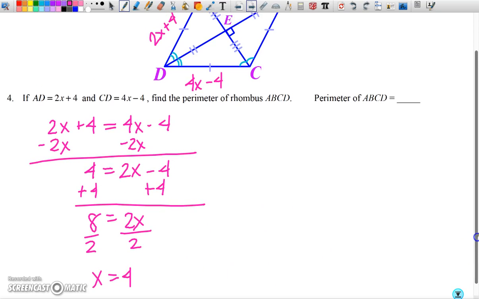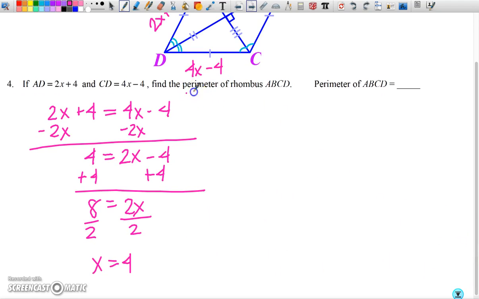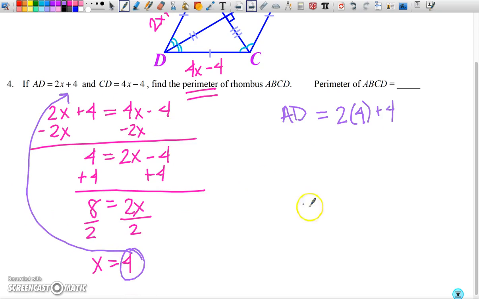Now, x is 4, however, we're looking for the perimeter of the rhombus. So we need all of the side measurements. So if we find one side measurement, we can get all of the side measurements. So 2 times 4 plus 4. So all I did was take this 4 right here and plug it in up there. So AD equals a total of 12.